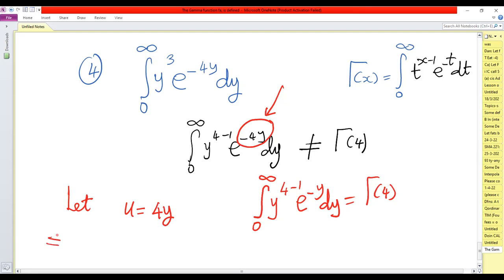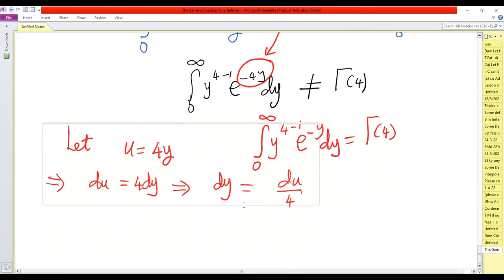So this means that du is the same as 4 dy, which means dy is the same as du over 4. And also, y alone will be given by u divided by 4.